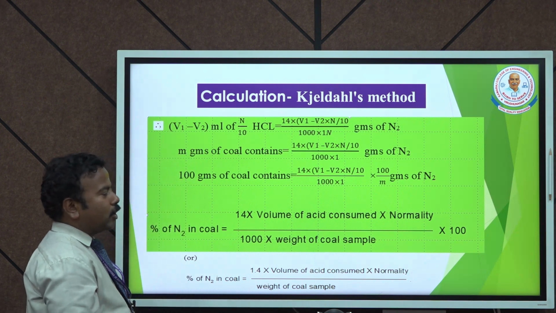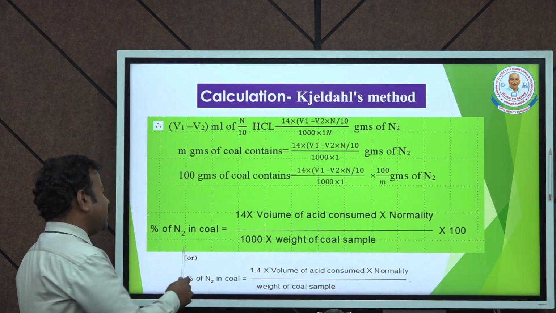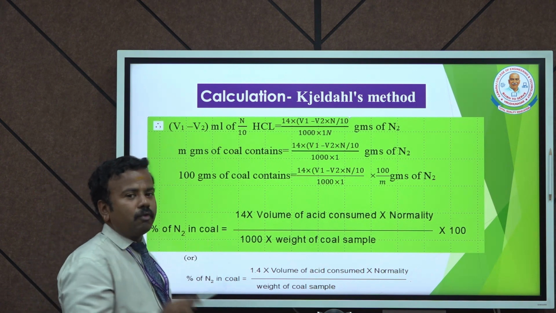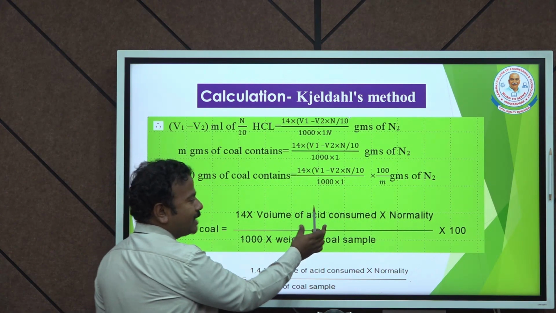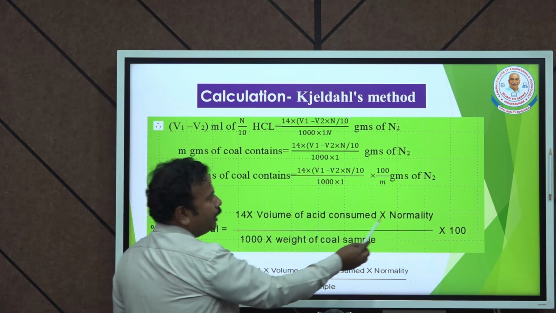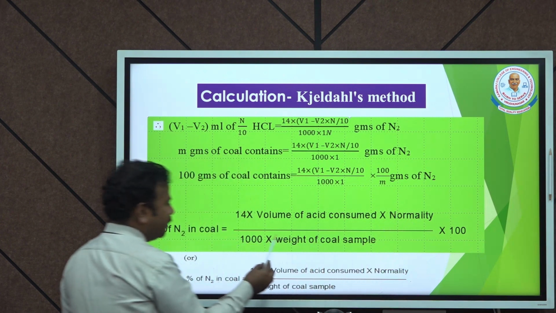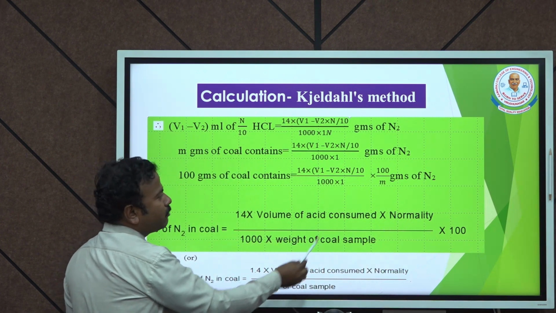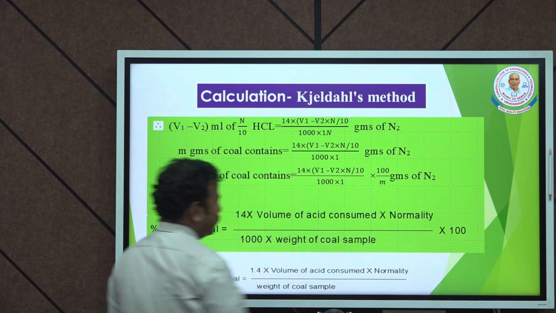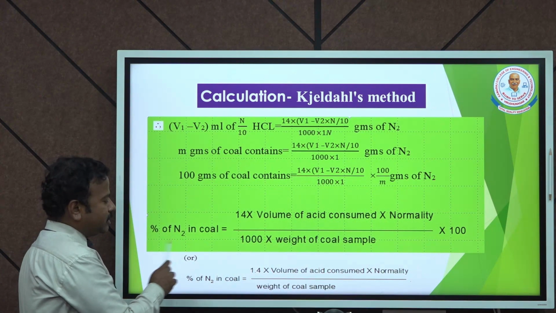We can consolidate this: the percentage of nitrogen in coal is equal to 14 into the volume of acid consumed, that is V1 minus V2, into normality, divided by 1000 into the weight of coal sample taken, m, into 100. This is the percentage of nitrogen in coal.